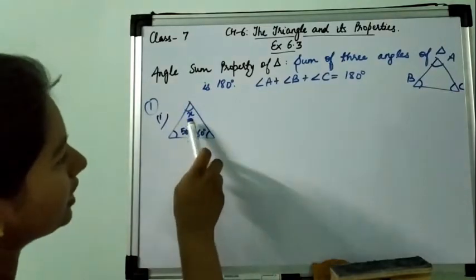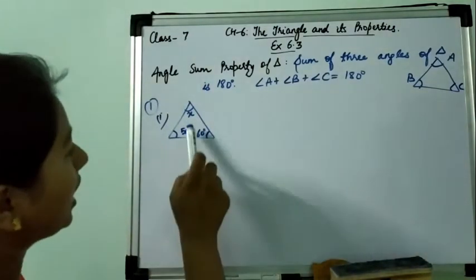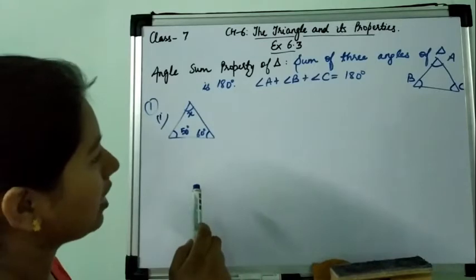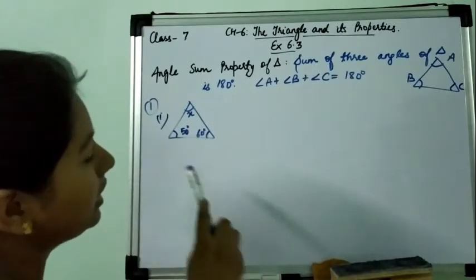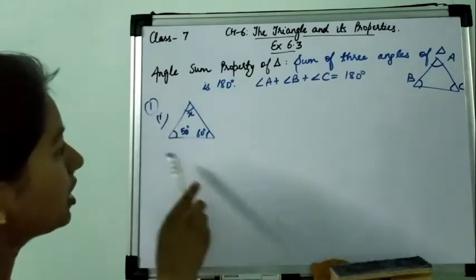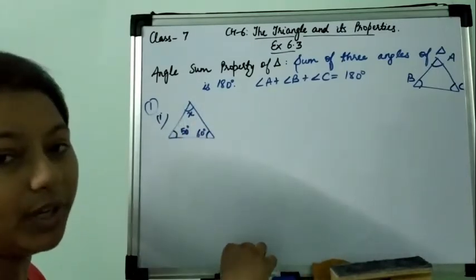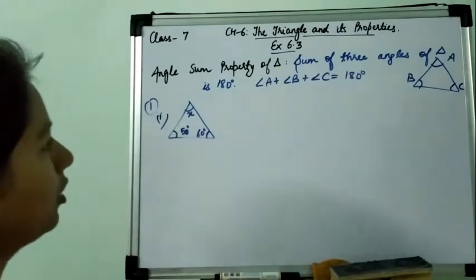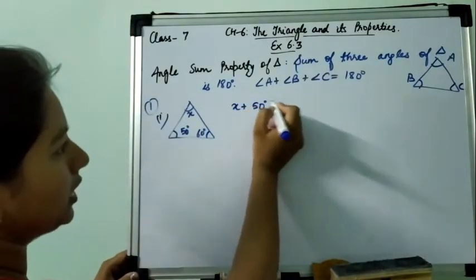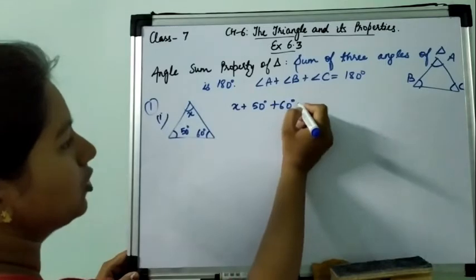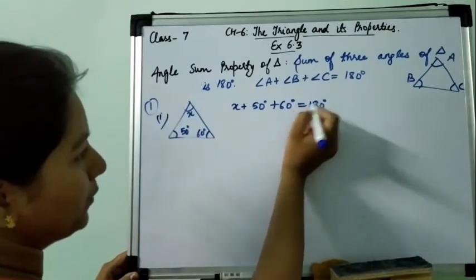So, how can we find the value of x? We found that all the given angles are interior angles, and these are the three angles of the triangle. So the sum of the three angles of a triangle should be 180 degrees. So I will write, x plus 50 degrees plus 60 degrees should be equal to 180 degrees.